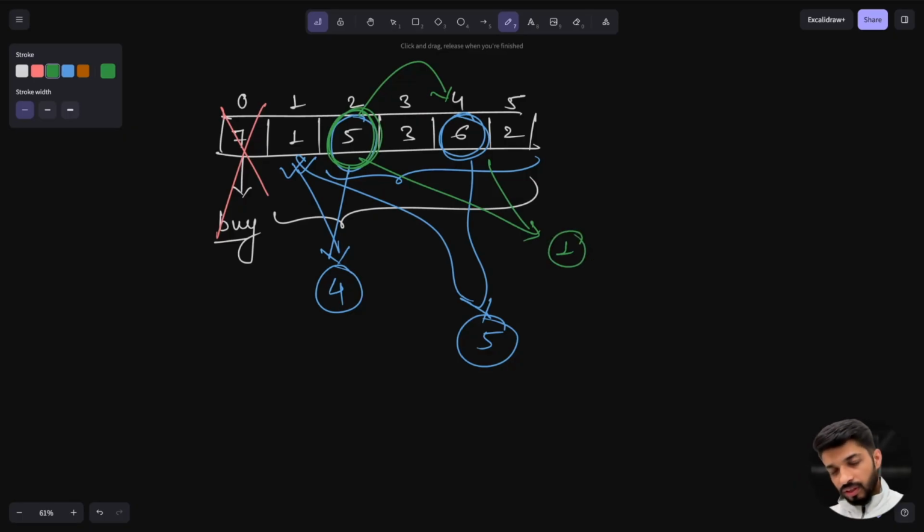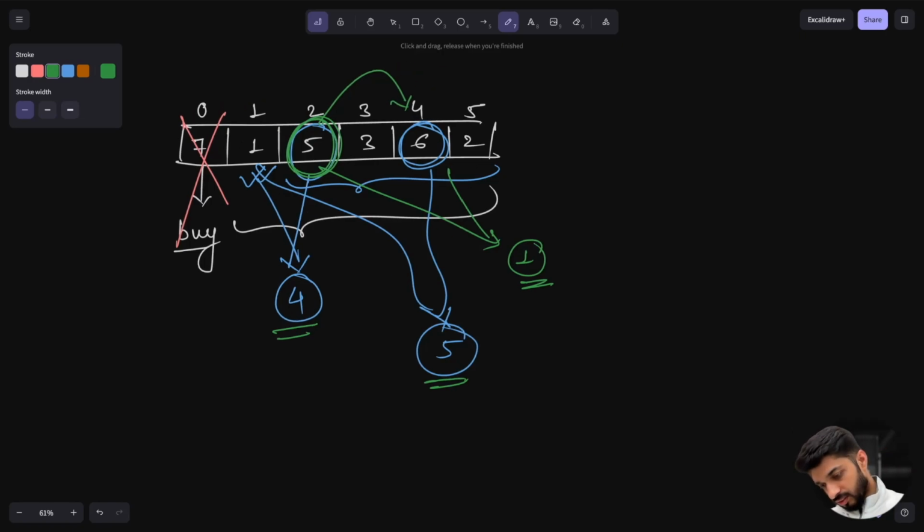So if you see, there are multiple profits which you can make by buying before and selling later. But what we need to return is the maximum profit. What is the maximum profit we can achieve? The maximum profit will be 5. So how we are doing it is the question.